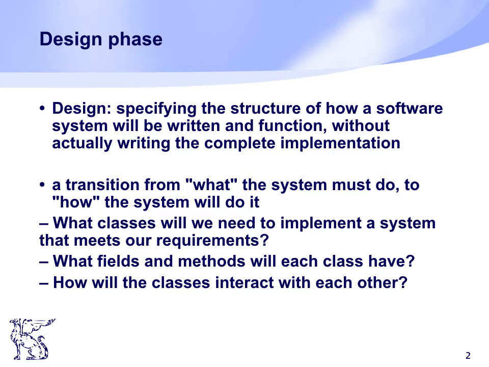Okay, so when we are thinking about class diagram, in the design phase, you will think about what classes you need to implement the system, right? What classes you will need to implement a system that meets our requirements. So that means you will keep a list of classes, and then what fields or methods you will need to implement each class.